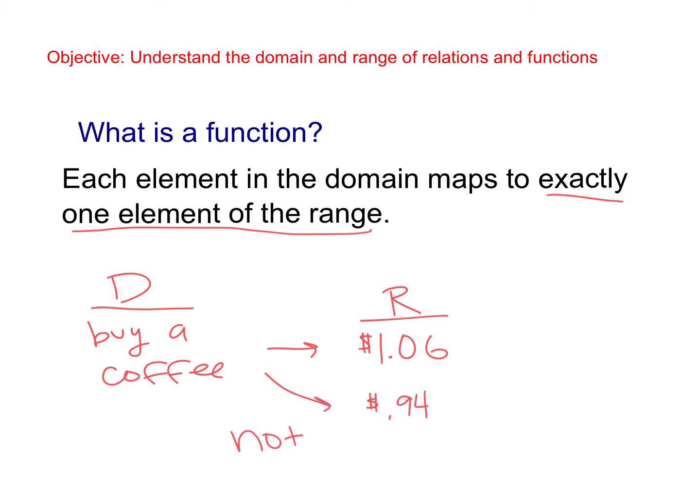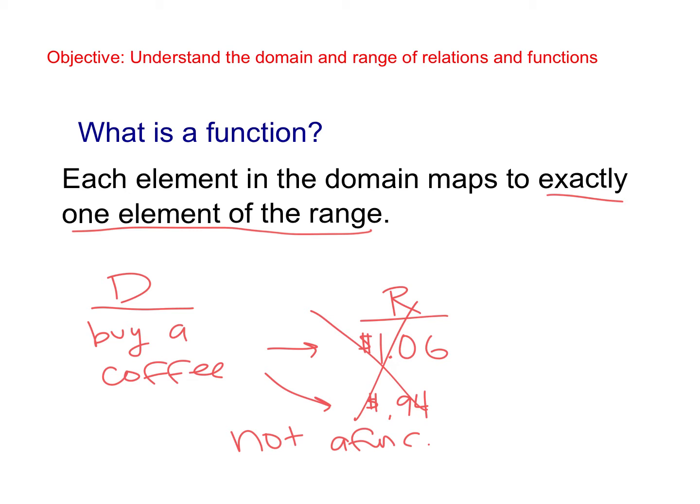Not a function. Because we're buying the same exact thing and spending two different amounts. Our X is the same, our Y's are different. That is not allowed. But think about it this way. I buy a coffee for $1.06. Amelia buys a soda for $1.06. So the Y's can repeat. It's the X's can't.